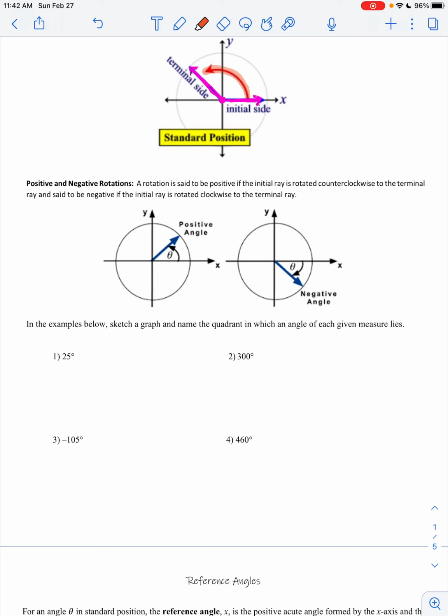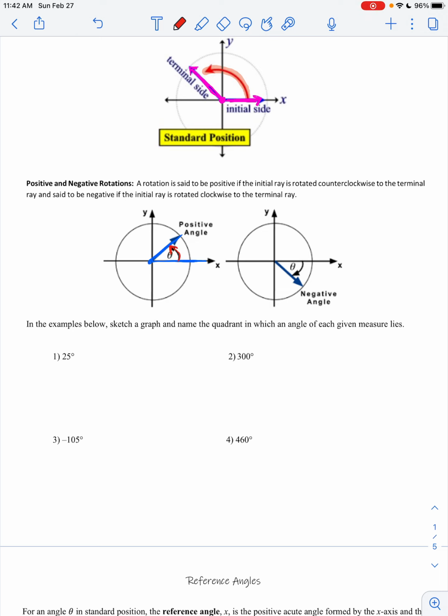Okay, so when you're drawing an angle, you have to look at your angle measurement to see if it's positive or negative. If your angle is positive, it's telling you that you're rotating counterclockwise. So your vertex is 0, 0, you're starting at your initial side here, and to get to your terminal side, you're rotating in a counterclockwise direction.